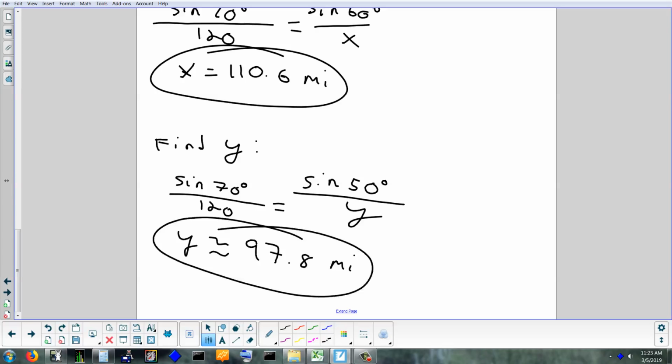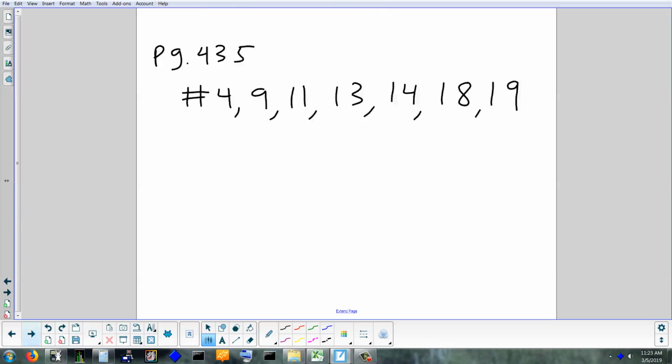Any questions on that? Okay, so that's law of sines. Right, so we looked at the two solution case, the no solution case, and then a word problem.